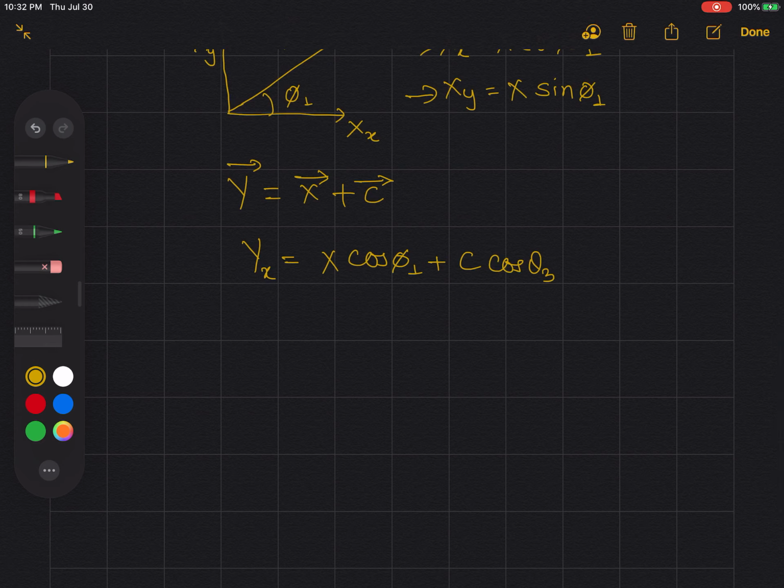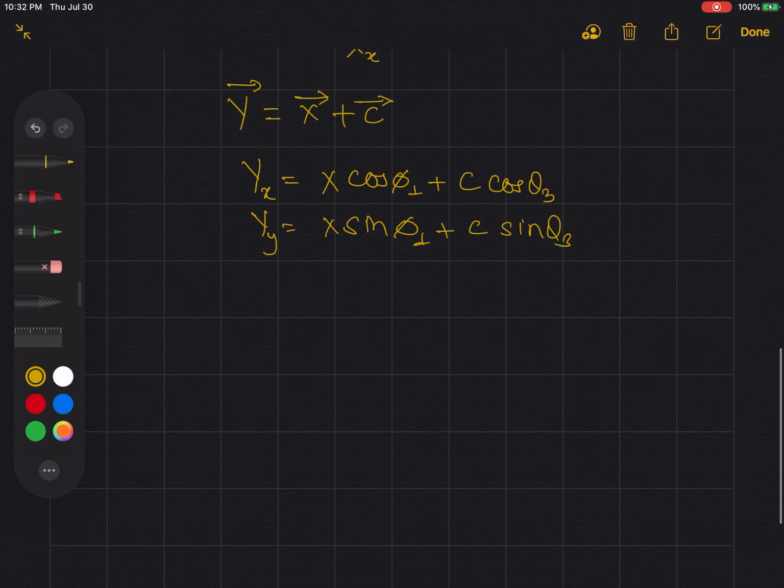And the y component of vector y is x sine phi 1 plus c sine theta 3.